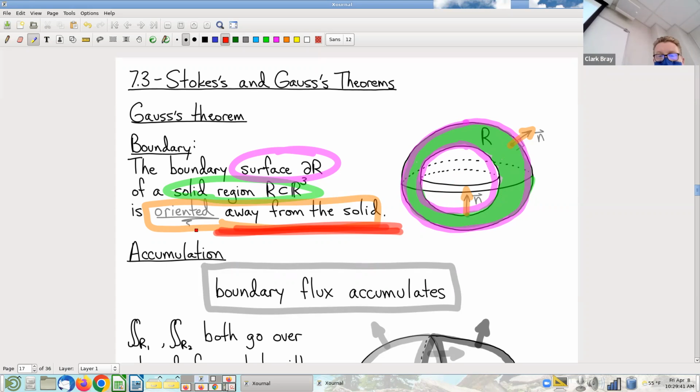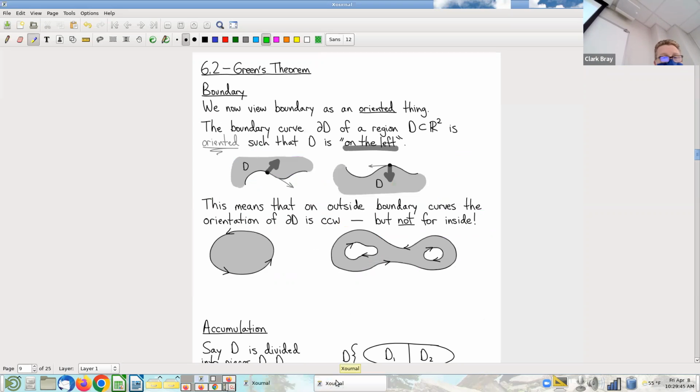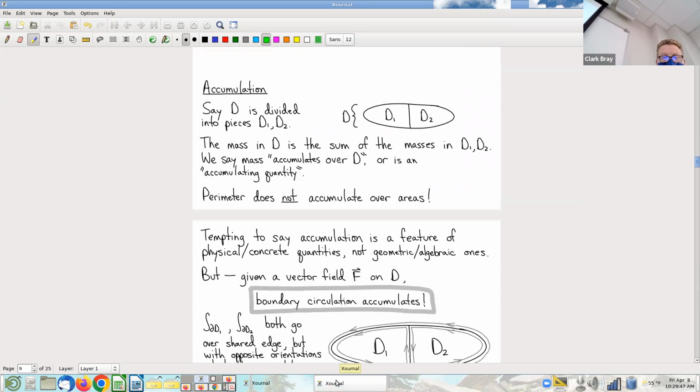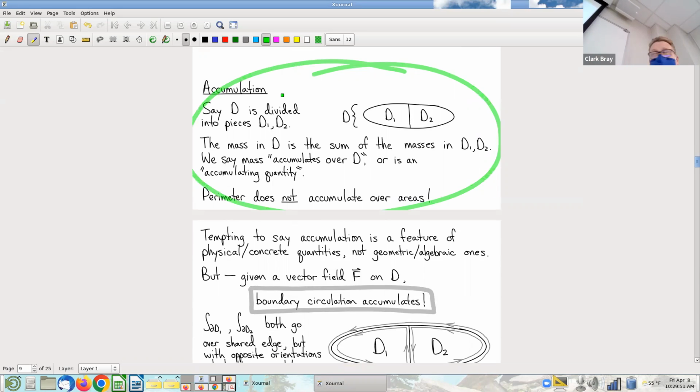Okay. All righty. Next thing we did with Green's theorem, we talked about this idea of accumulation. Now, I sort of introduced the idea of accumulation here. I'm not going to reintroduce the concept of accumulation. We've talked about what it means a lot, but it's objects, quantities, whatever they may be, physical or otherwise, where the whole is the sum of the parts, right?